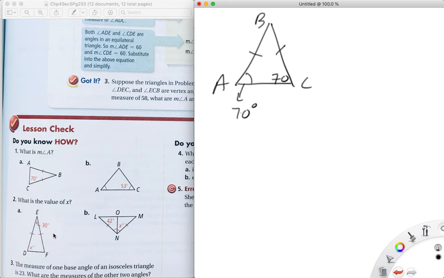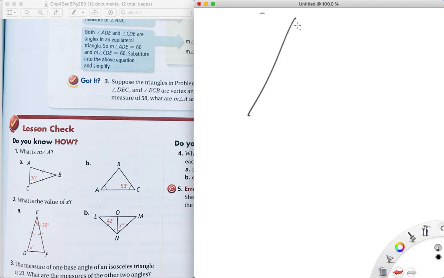Here they want the value of X. If this is 30, that's the vertex angle. These two guys are the same. So if this is x, then this is also x.